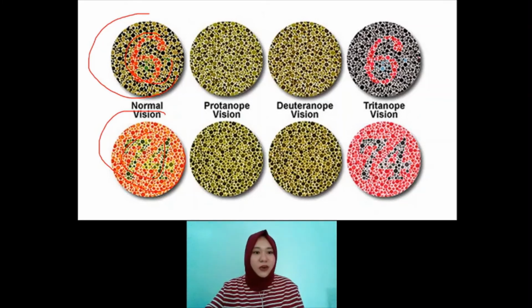Okay? So if in normal vision you see black and green specks, in tritanope vision you see black and gray specks. Okay? If in normal vision you see red and orange specks, these tiny circles, in tritanope vision you'll only see red. Okay? That's color blindness or color vision deficiency.